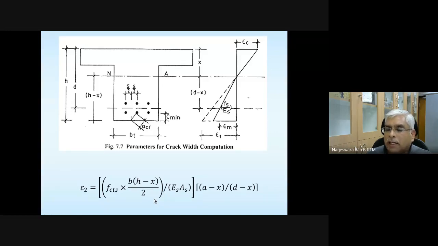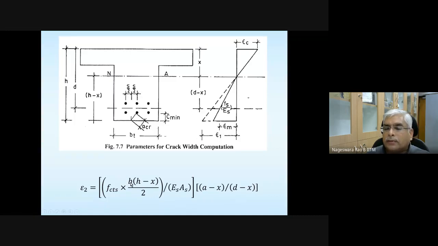So FCTS divided by 2 is the average tensile strength of concrete. And what is the area of the cracked portion of concrete? B is the width. BT is the symbol used for a general section. But if it is a rectangular section, B is the width considered. Please note that whatever B you are considering should be the width of the section at the centroid of the reinforcement.